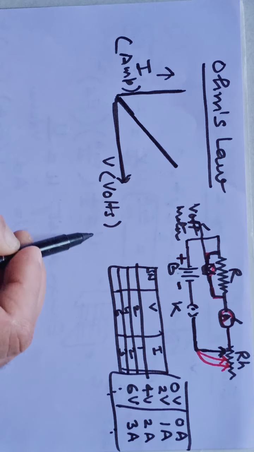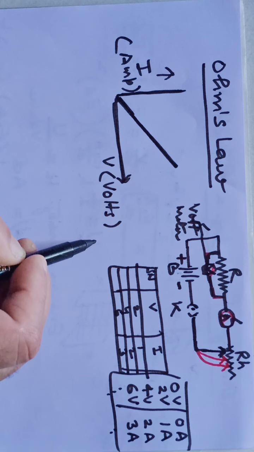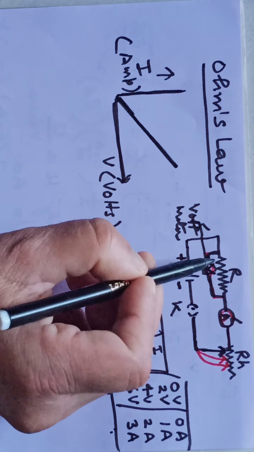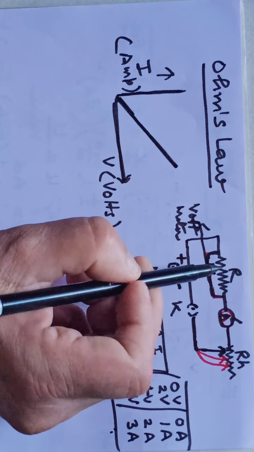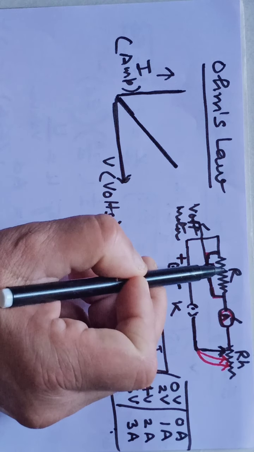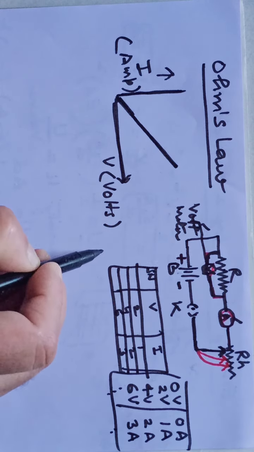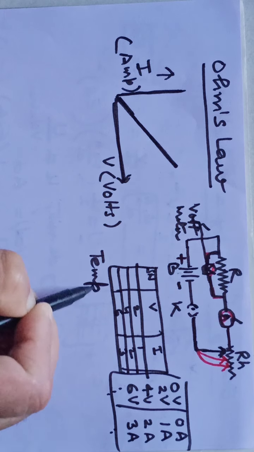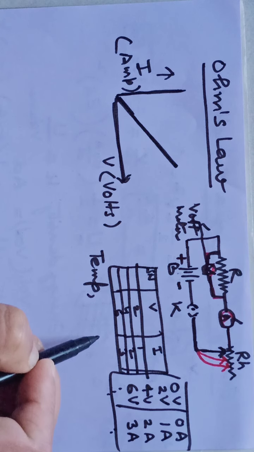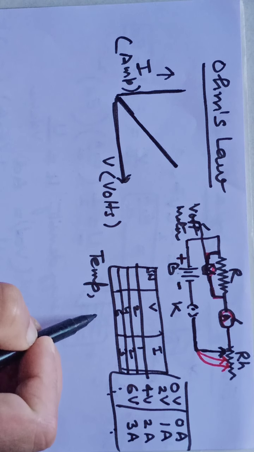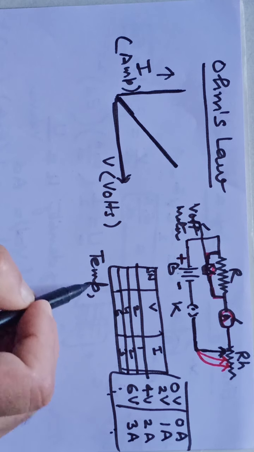It's a physical condition. The condition is that the physical condition of the resistance does not change. Physical condition means temperature does not change, chemical composition also, the state also, density also.